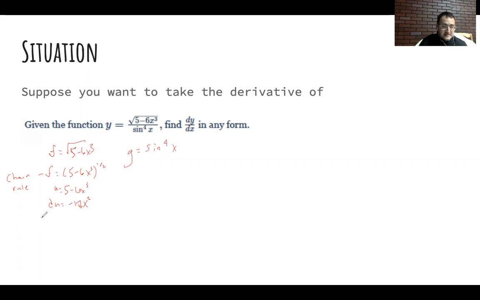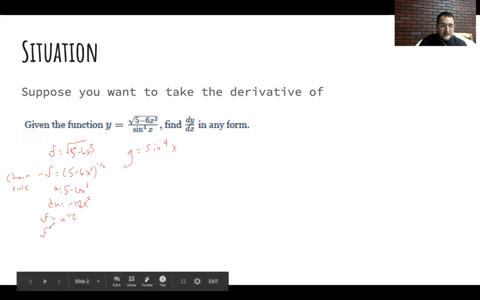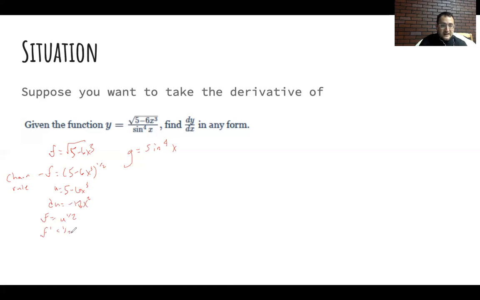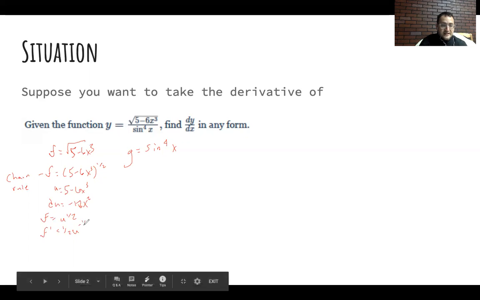F prime would be, let's see, if this is u to the 1/2, f prime would be 1/2 u to the negative 1/2. So when I do chain rule, I get 1/2 times 5 minus 6x cubed to the negative 1/2. And what I would personally do at this point is put it in numerator and denominator.